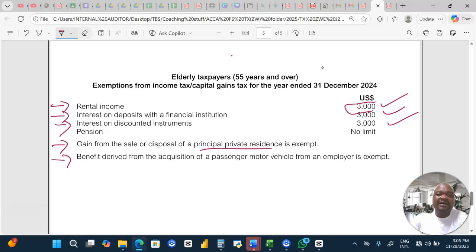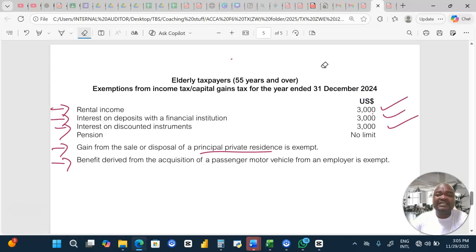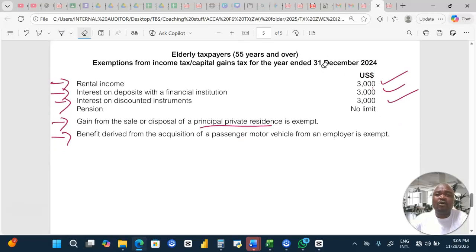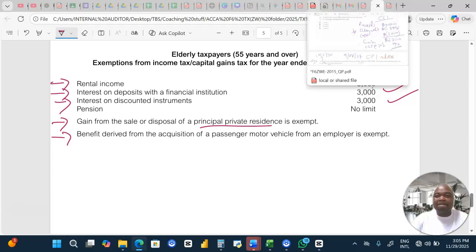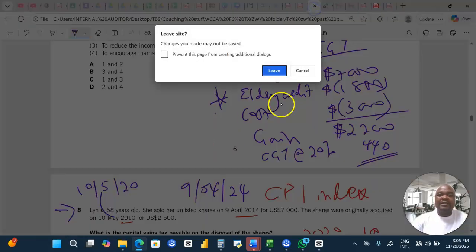If the examiner brings the same question, always assume that a tax credit for the elder should be there. Do not just ramble and compute ordinary CGT computations for younger people. You'll be in for it. It's just a warning, guys. Do not be paranoid. Okay, let's move.